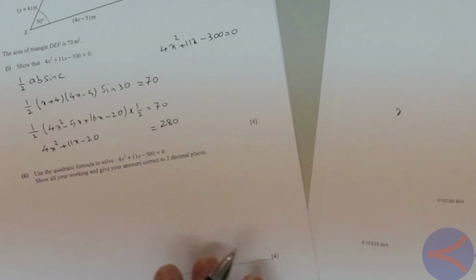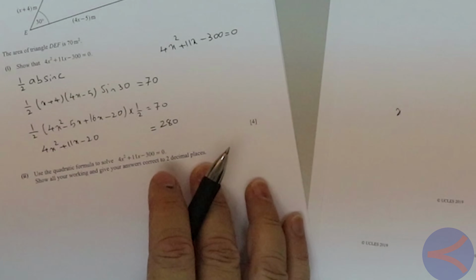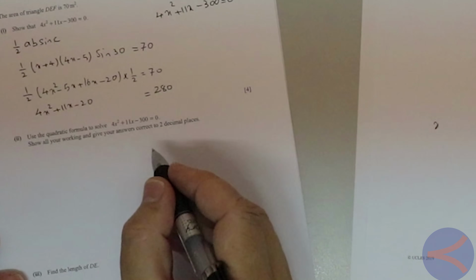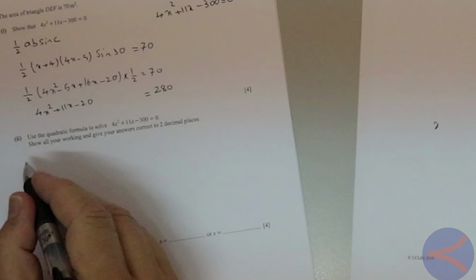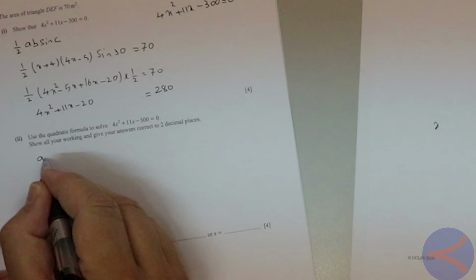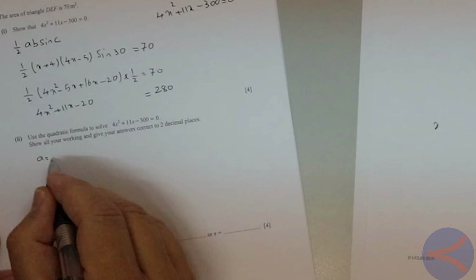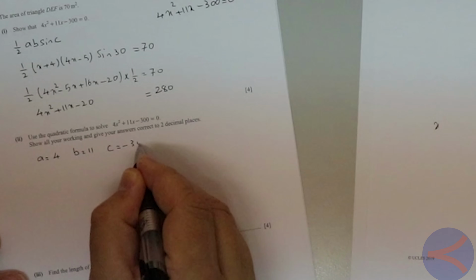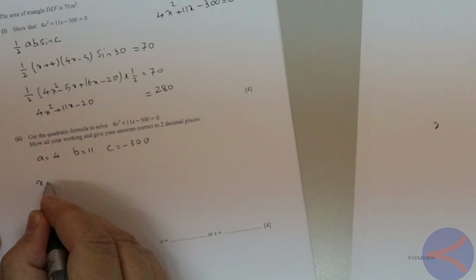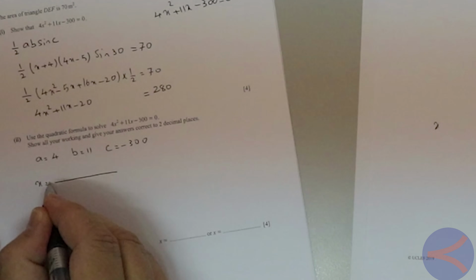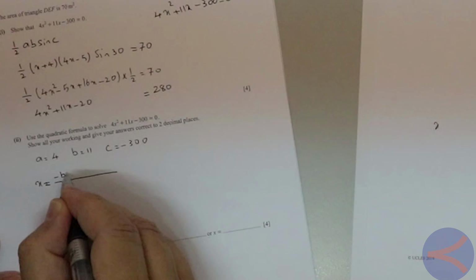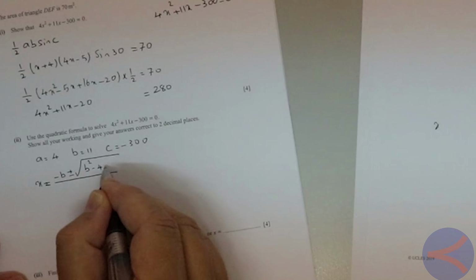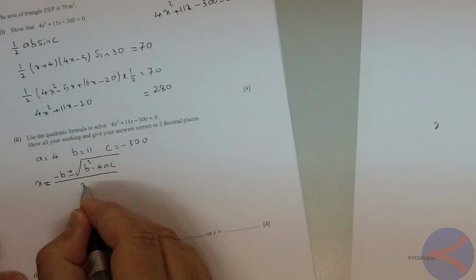Now, it's asking us to solve this equation, showing all of our working, and give the answer correct to 2 decimal places. In that case, I have to remind you, there's a formula. a is equal to 4, b is equal to 11, and c is equal to minus 300. Therefore, x will be equal to minus b plus or minus the square root of b squared minus 4ac, divided by 2a.